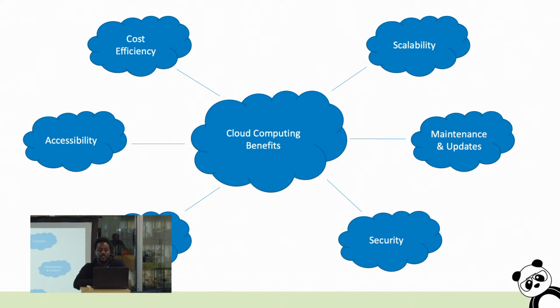This reduces IT workload and minimizes hardware and software maintenance. And then lastly, the reason we're all here, which is cloud security. Customers utilize robust security measures and expertise provided by cloud providers like AWS, as they regularly update security features to protect your data.